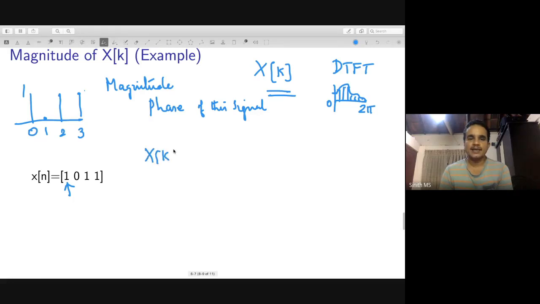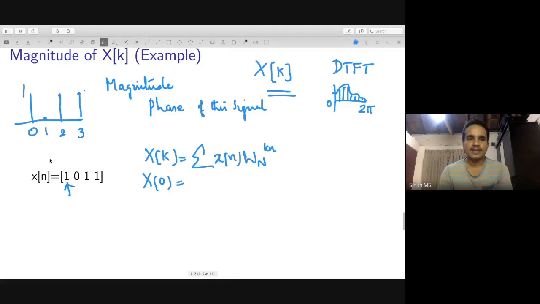X[k] is sigma x[n] W_N raised to kn. So let us first find X[0].